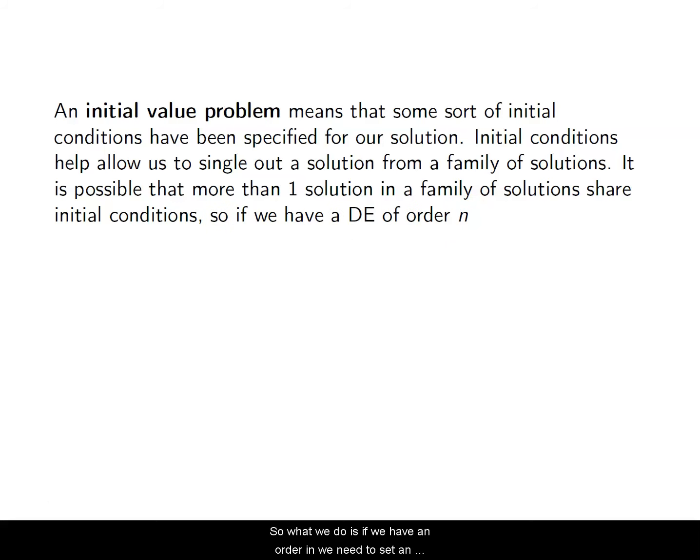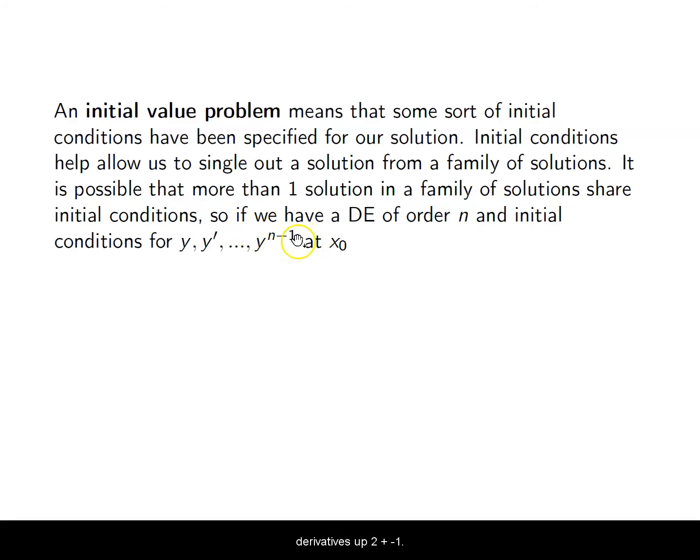So what we do is, if we have an order n equation, we need to set initial conditions not just for the function, but for its derivatives up to n minus 1. What do I mean by that? If all that we do is say, hey, I need my function to satisfy that when I plug 0 into it, I get out 1, there may be several solutions that satisfy that condition.